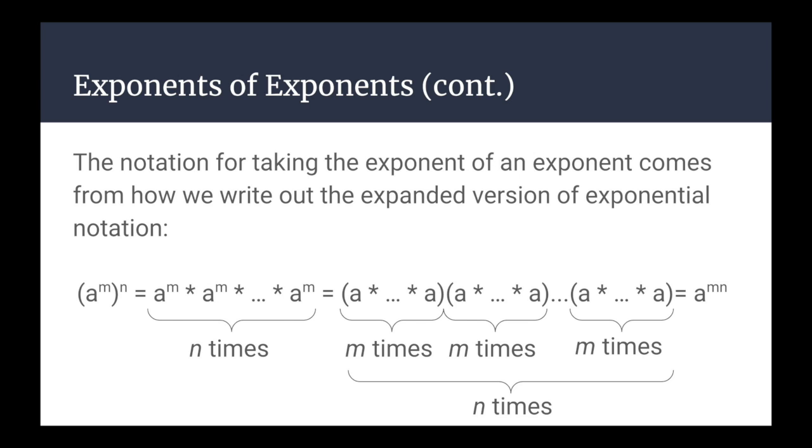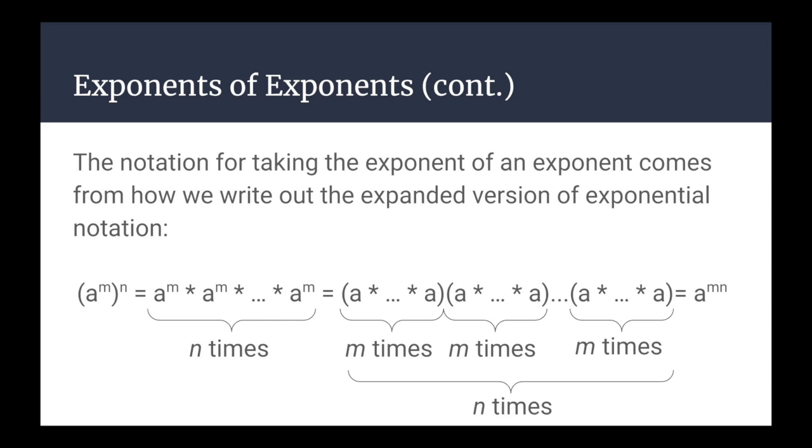The notation for taking the exponent of an exponent, yet again, comes from how we write out the expanded version of exponential notation. Here we have a to the power of m to the power of n is equal to a to the power of m, n number of times, which we are used to. But then we have to simplify each a to the mth power on its own.